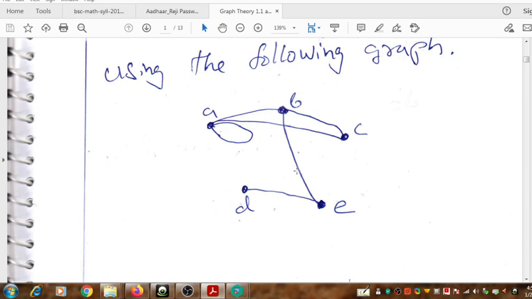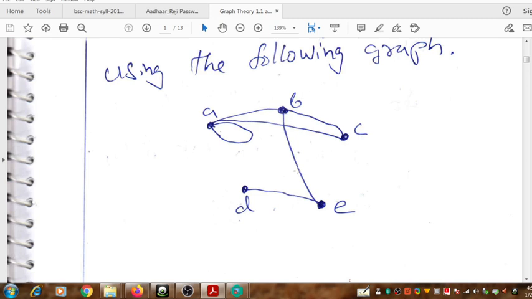Here in the language of graph theory, the words line and edge are synonyms. Also the words vertices, node, nodes, points, all these are synonyms.